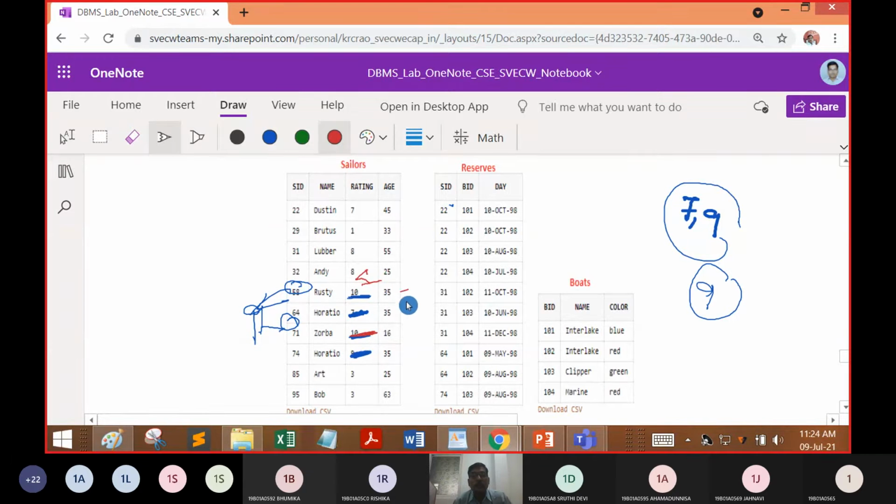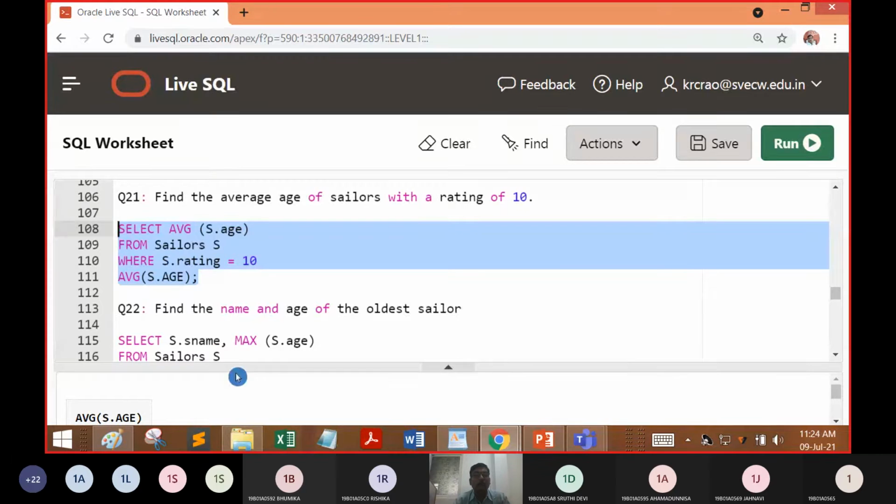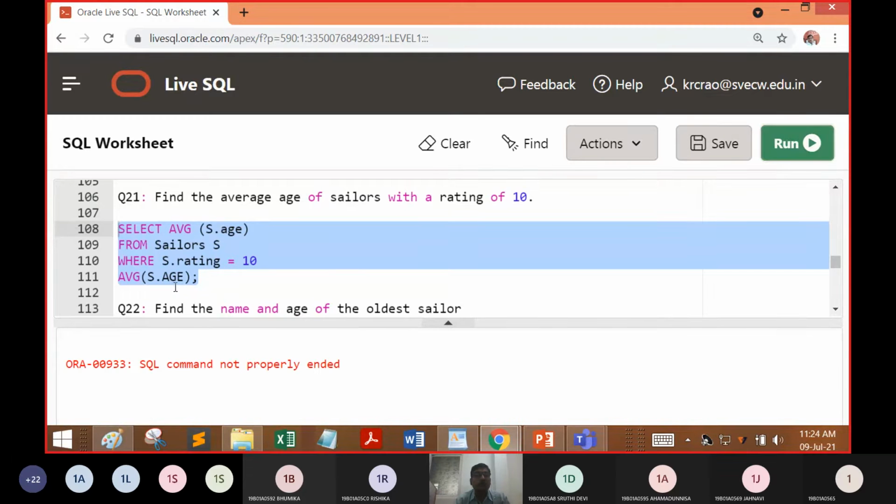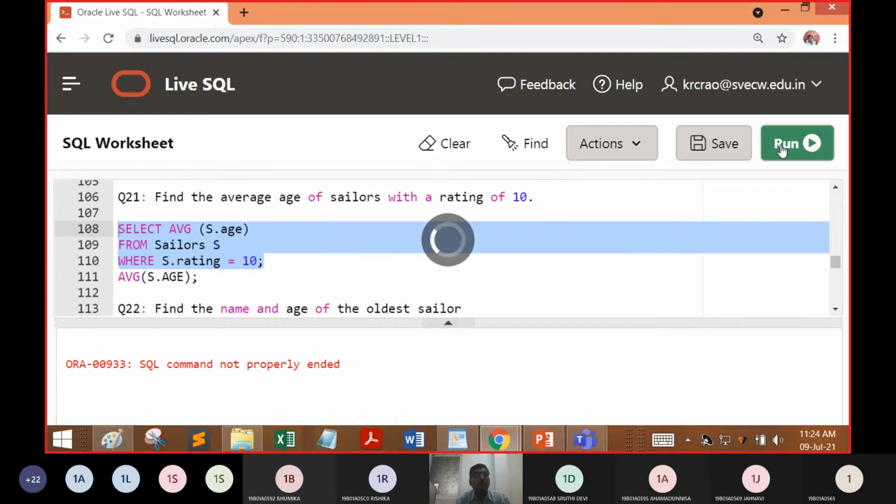One is 35, another is 16. So we should be in a position to get around 25.5. That is how we calculate the age of the people who have that rating. Now you can see here the age is given as 25.5.